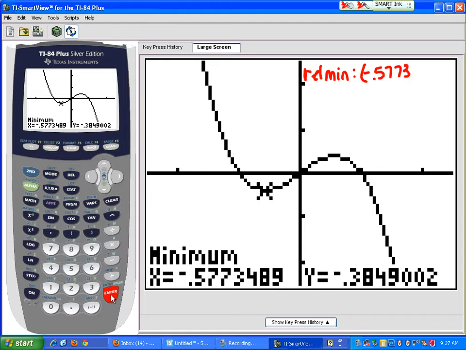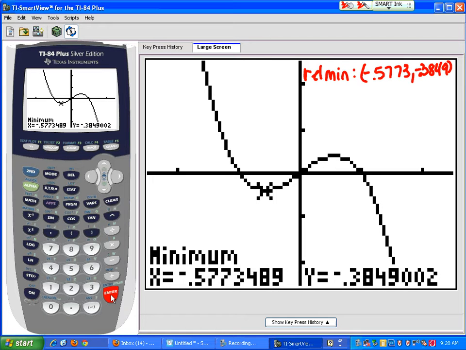And since this is a point, would I want to write the y-coordinate? Yes, because it's a minimum point. You guys should also be writing this down on your paper so that you have it. So the y value is negative 0.3849. That's a point right there. So that's the first thing I want to find.